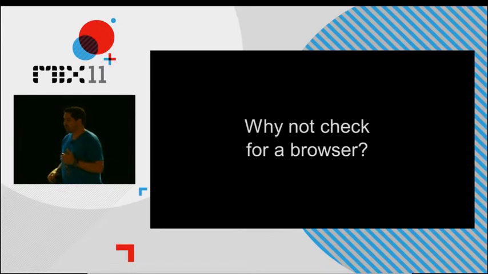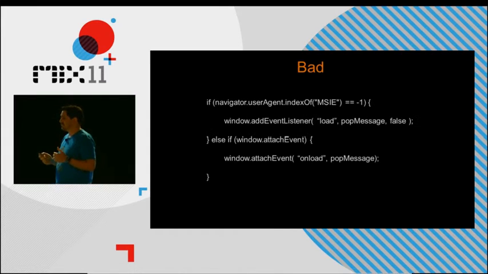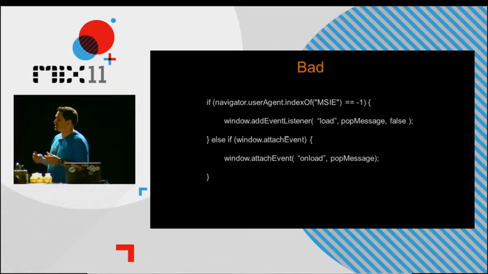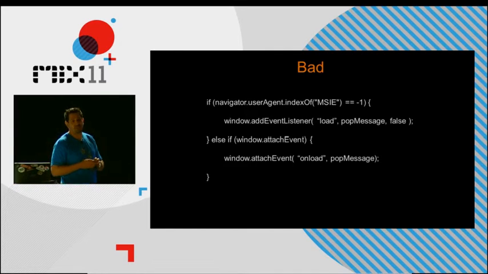So for example, in this case, why not just check for a browser? Well, here's a great example. Here we're doing a user agent string check, and we're checking to see if it's MSIE. Well, that looks fine, right? But let's look through this code. What is it doing? It's checking to see if this is Microsoft Internet Explorer, and if it is, it should use addEventListener if it's a modern browser.